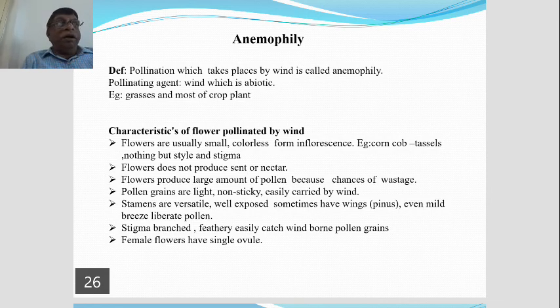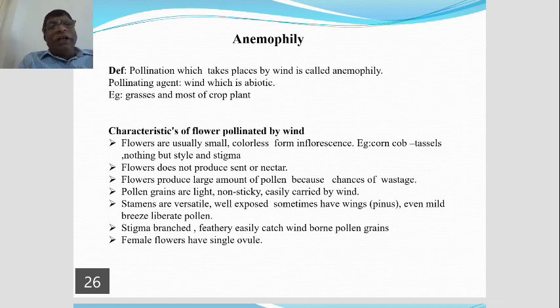Pollination that takes place by wind is called anemophily. In this type of pollination, wind acts as the pollinating agent. Wind means abiotic agent. Okay. Look here.